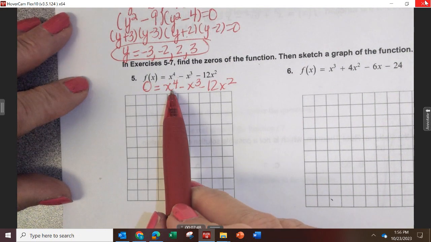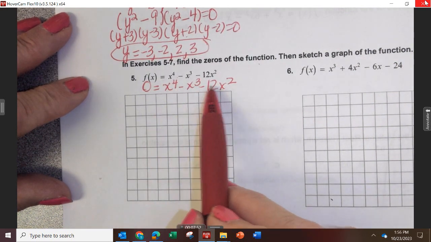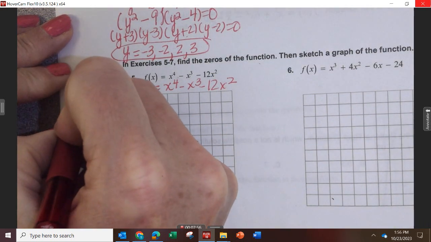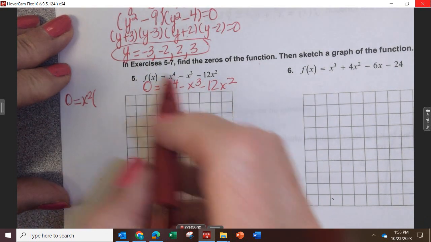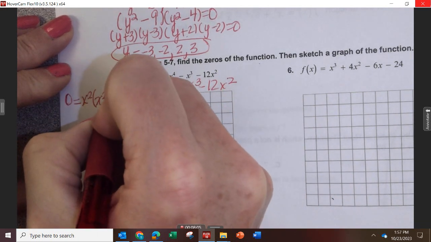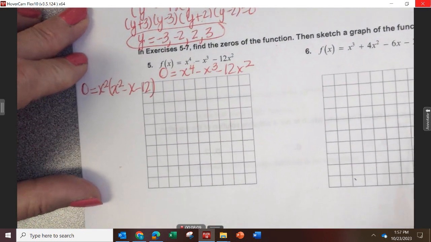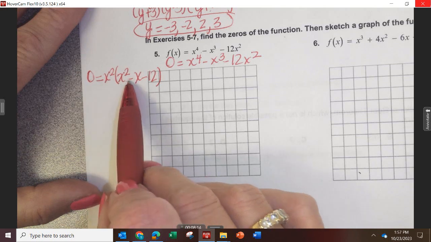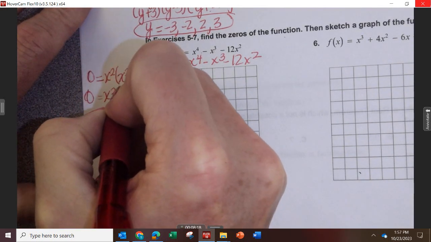What is it that these can all three be divided by? X squared. So I'm going to factor out an x squared. When I factor out an x squared, I'm going to be left with x squared minus x minus 12. Okay, this we can't do anything else with, but can we factor further on the trinomial?